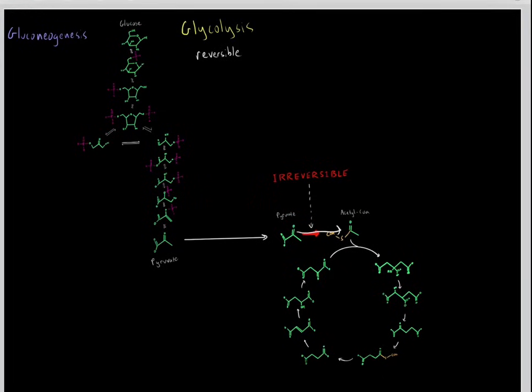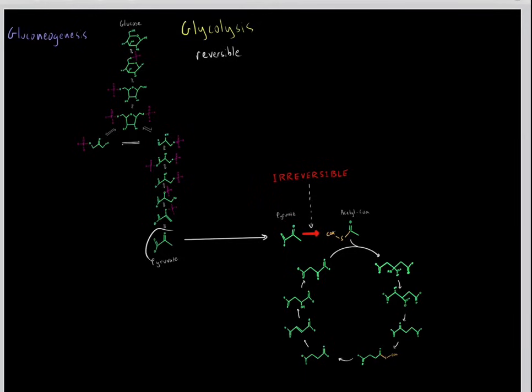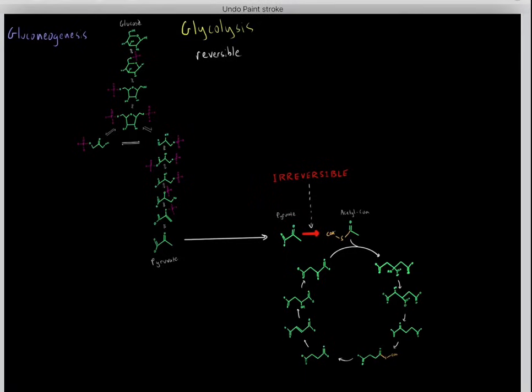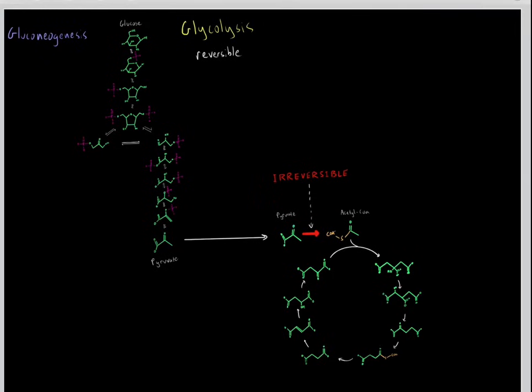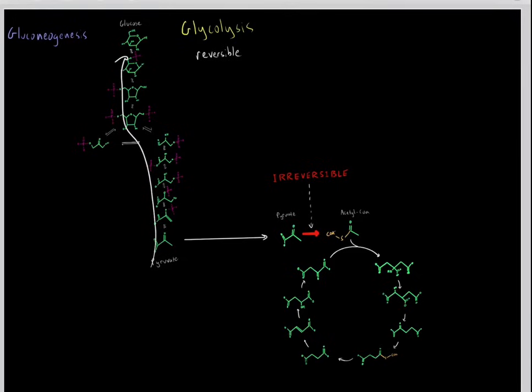This is a one-way street, and we cannot go in the reverse direction. Once we form acetyl-CoA, we cannot go in the reverse direction to form pyruvate. However, pyruvate, we can go in the reverse direction to form glucose molecules. So when we go in this reverse direction, it's referred to as gluconeogenesis, the genesis of new glucose molecules, where we create new glucose molecules.